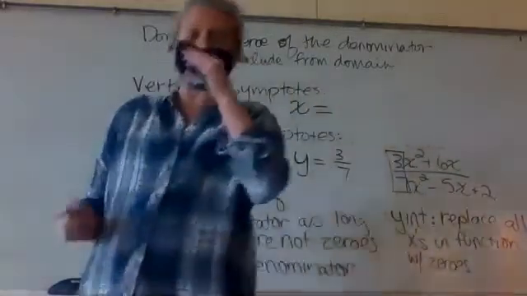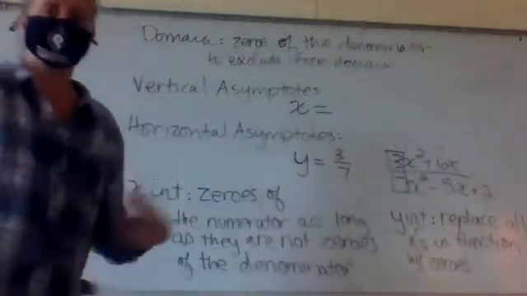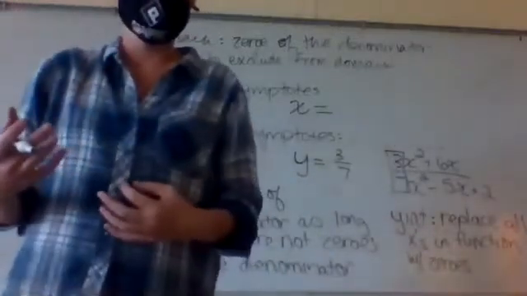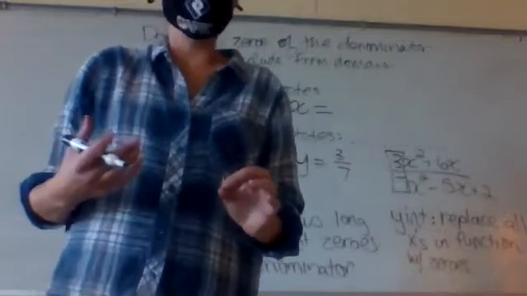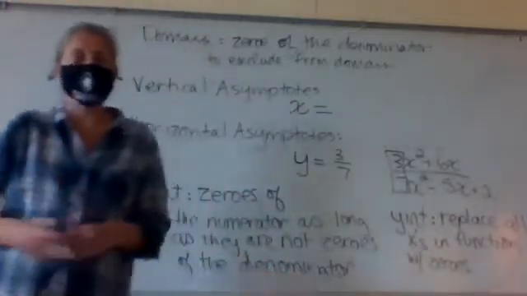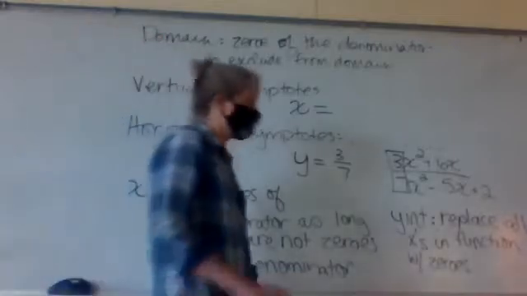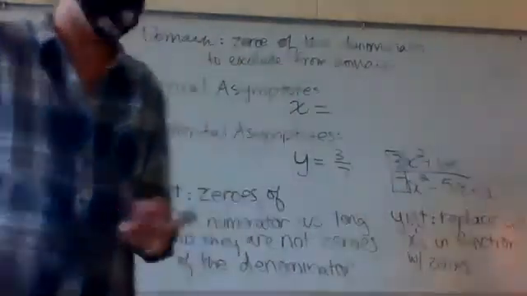Once you replace all the x's in the function with zeros, your y-intercept is whatever is left over. If you replace all the x's in the function with zeros, and it turns your denominator into 0, then that would just mean there is no y-intercept in the graph.